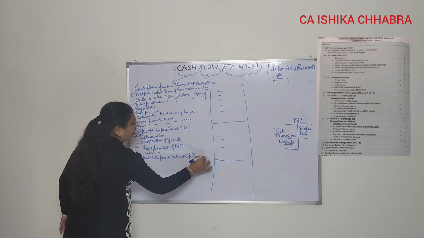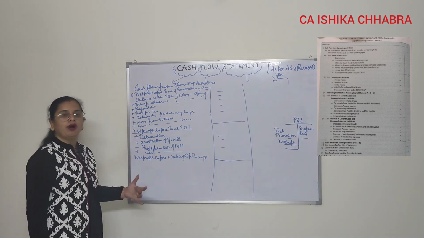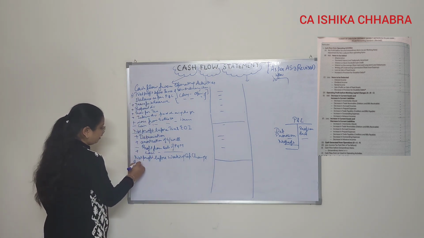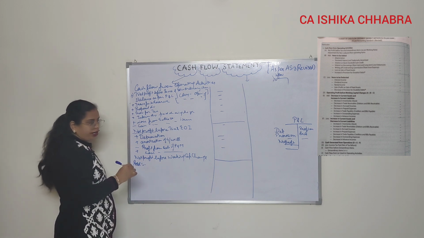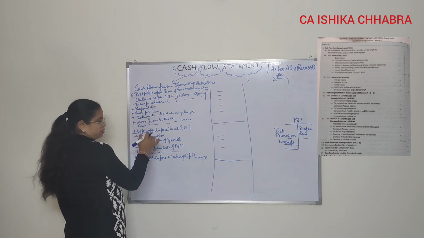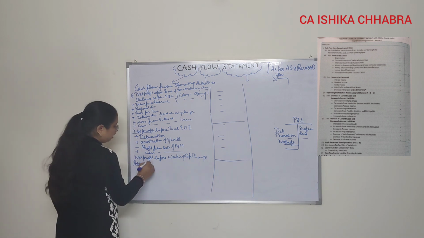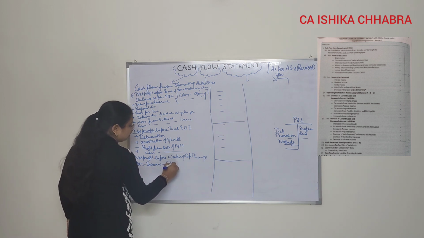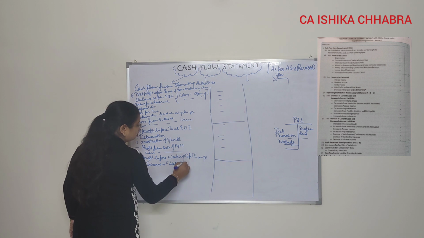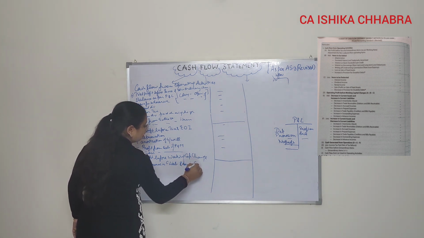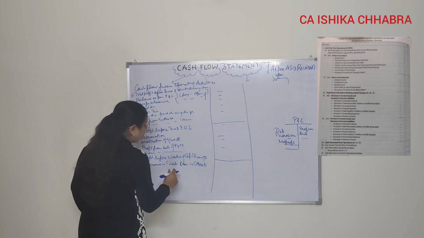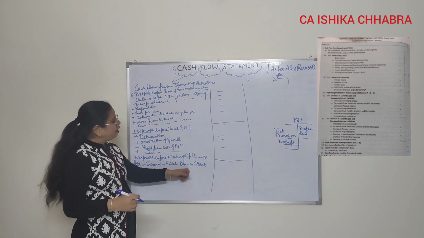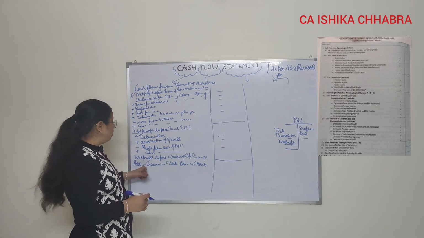In working capital changes, we will take two items, current assets and current liabilities. Add is the heading which we have to write down every time while preparing this. What do we have to add? Increase in current liabilities and decrease in current assets. If any current liability is increasing, it will be added. In case of decrease in current assets, we will add it.